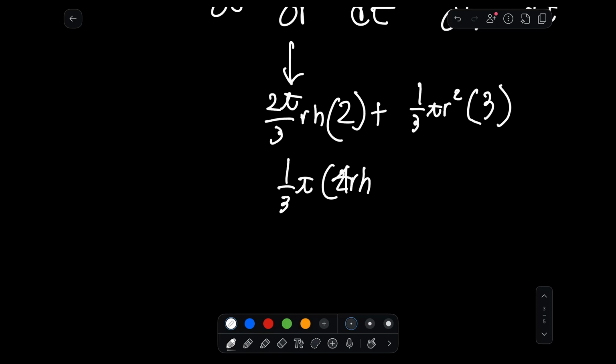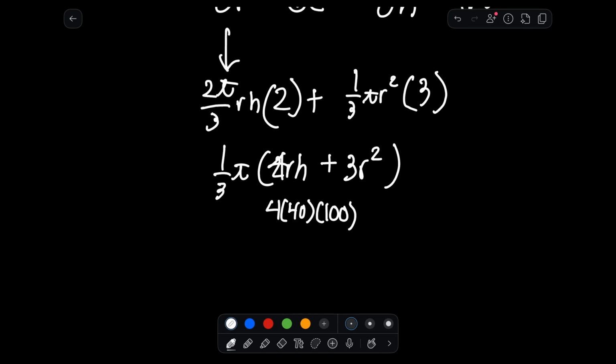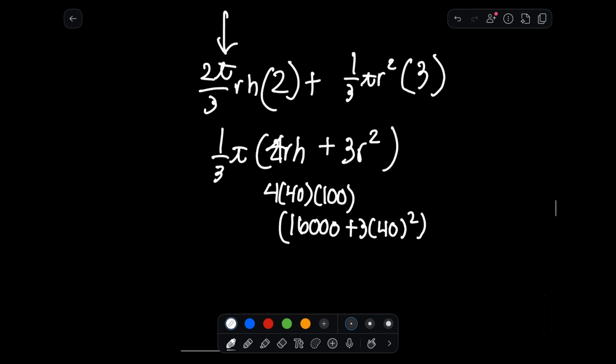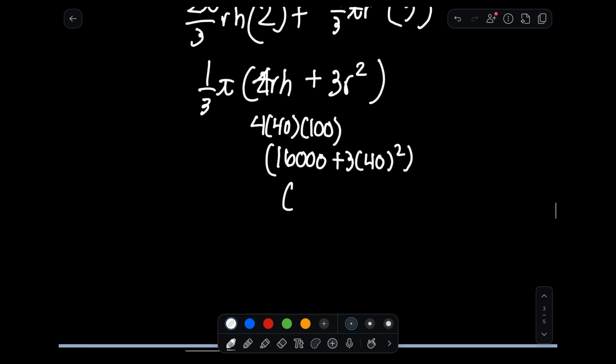That's going to be 4rh plus 3r squared. So we do 4 times 40 times 100, which goes to 16,000, plus 3 times 40 squared. 40 squared is 1,600, so it's going to be 4,800.